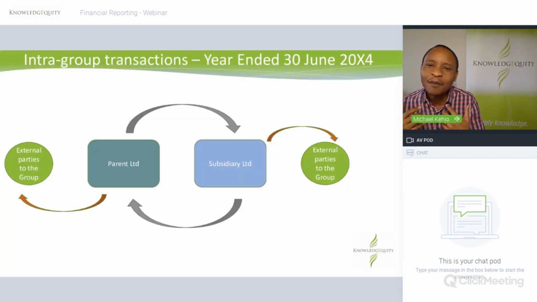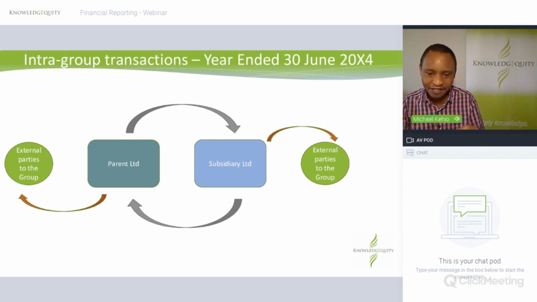All right, so how do you start calculating that? In my view, the best way to do this is to clearly show this diagrammatically or just using a diagram. So essentially what you do is you have the parent, you have the subsidiary, you know that these two entities transact with each other. The question is, are there any of these transactions that went on to an external party on both sides?